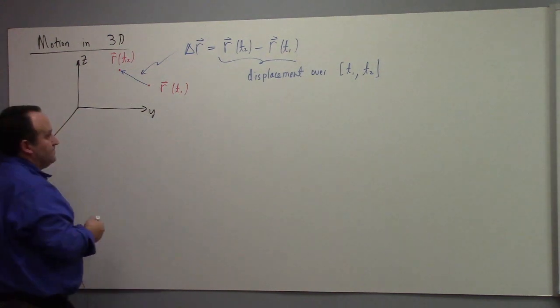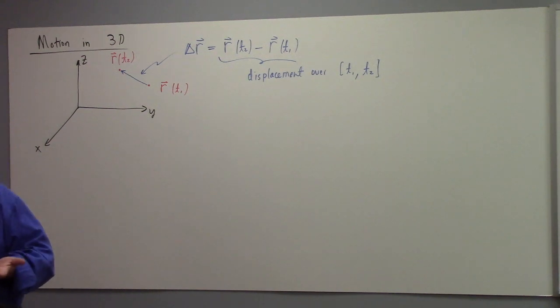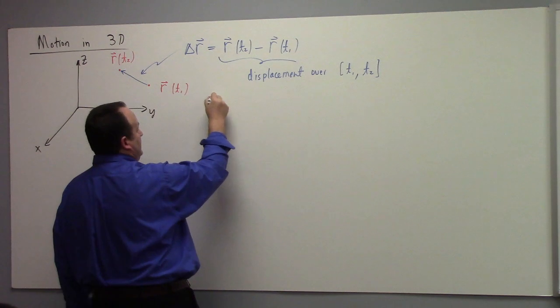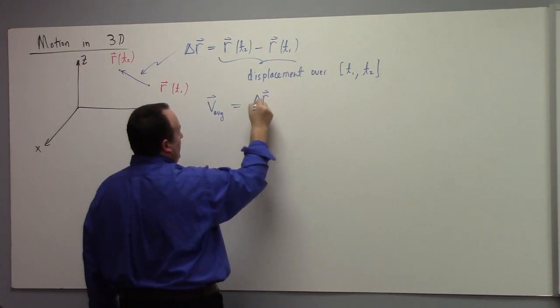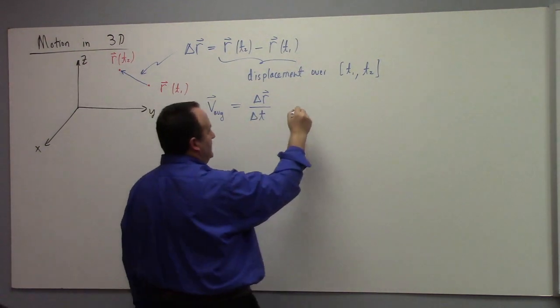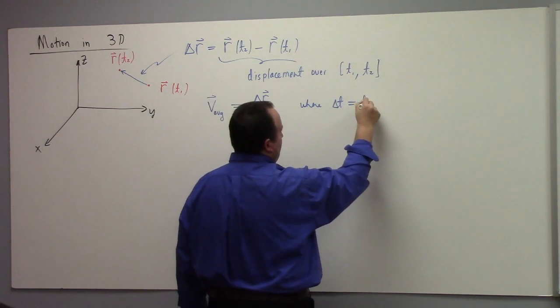And once you have that, you could talk about average velocity, right? Average velocity would be the displacement divided by the duration. So here, delta t is t2 minus t1, right?